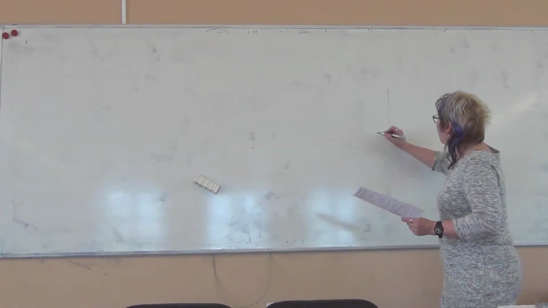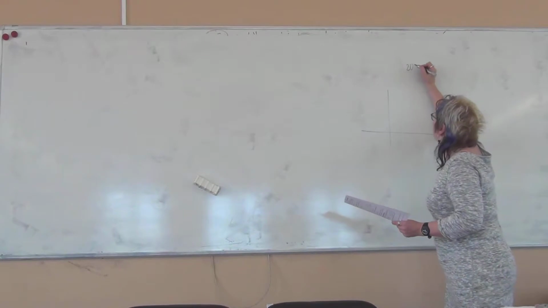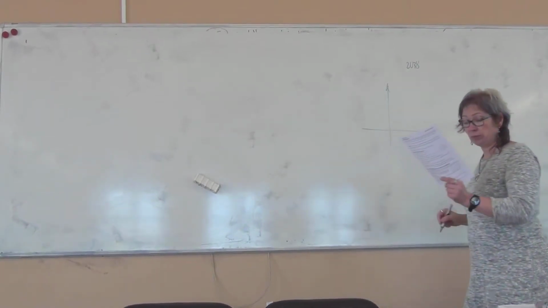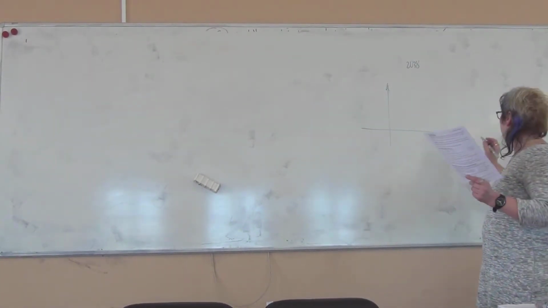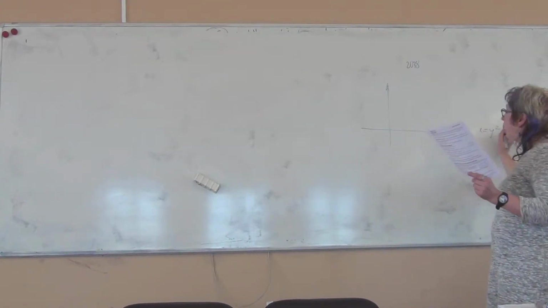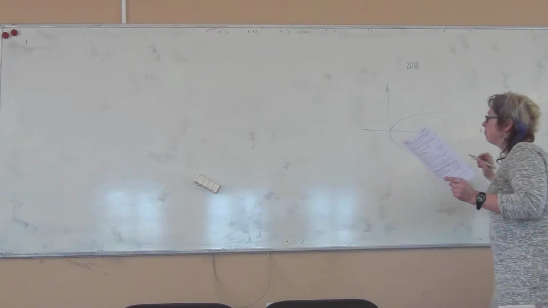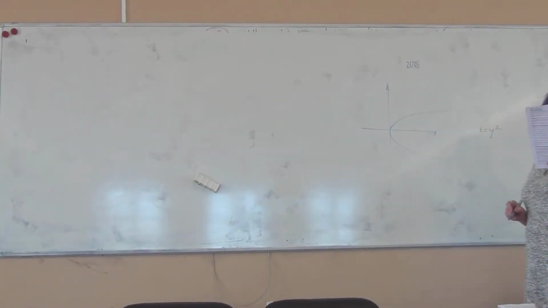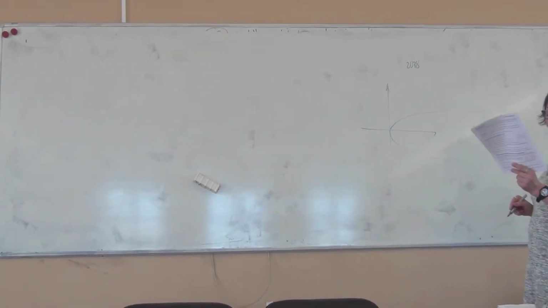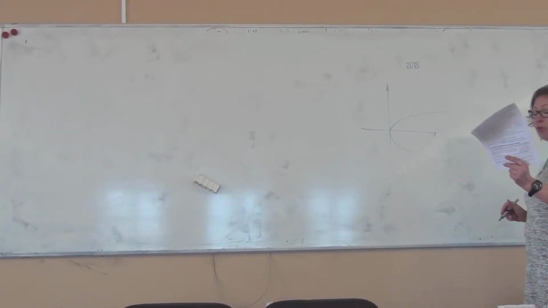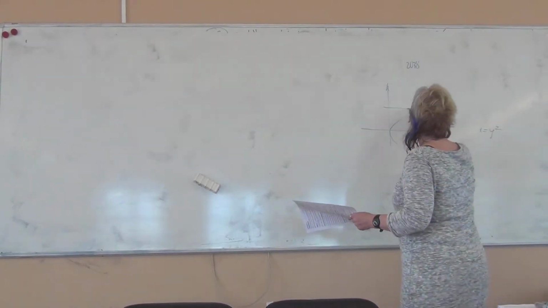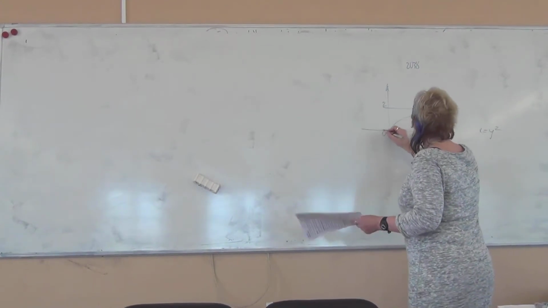So perhaps, just to finish with 2038, x equals y squared. That's this one. X is 0, y is 2, y is 0.